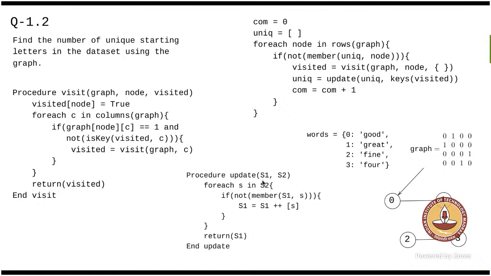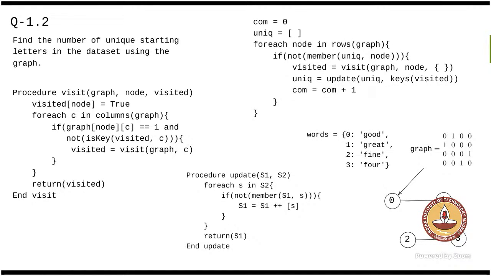Can someone tell me, S1 and S2 are lists, and can someone tell me what this code is doing? Update of S1, S2. What is it doing? If the element it's adding is not in S1, then we will add it.